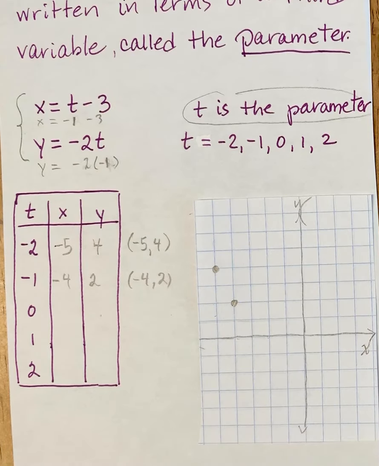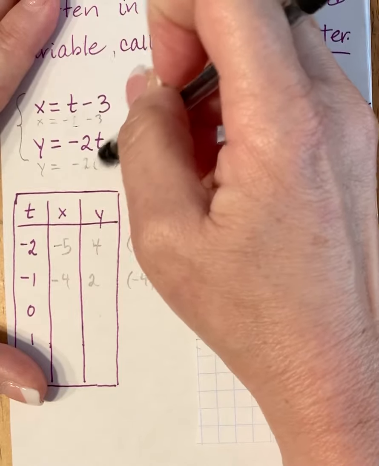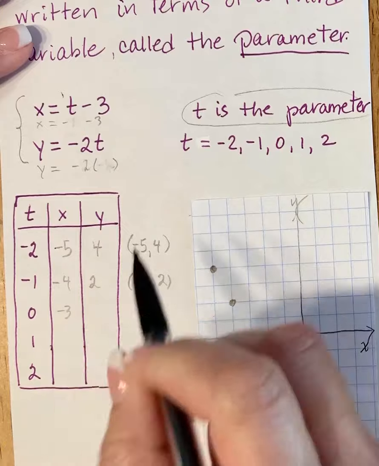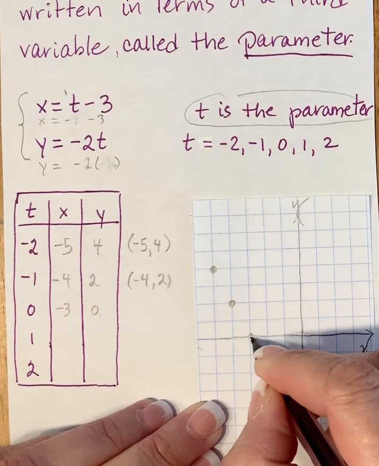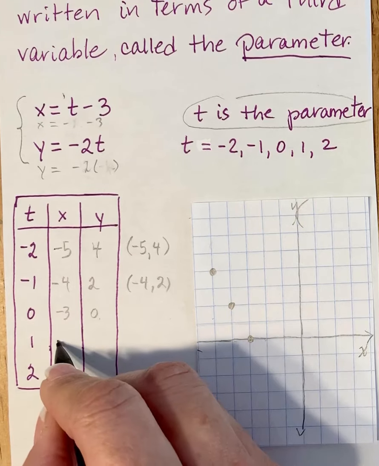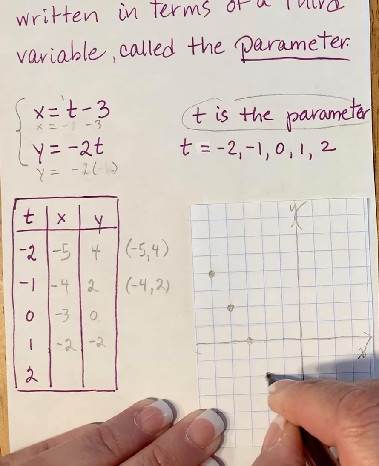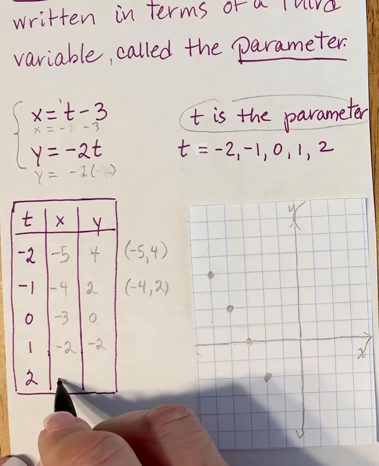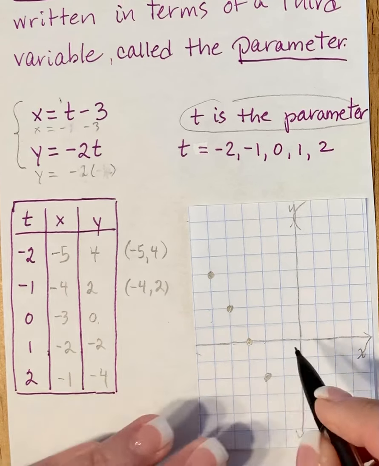If you put in 0, you get the idea here. 0 minus 3 would be -3. -2 times 0 would be 0. We have a point here. If you put in 1, you'll have -2 for x and -2 for y. And if you put in +2 for t, you'll have -1 and -4.